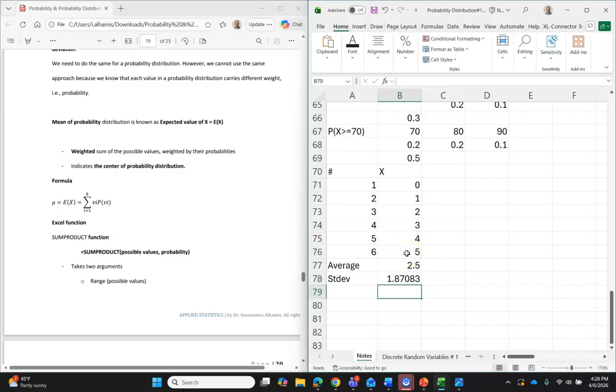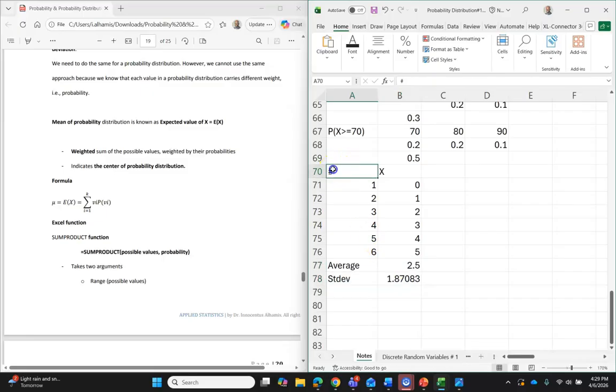So we have 1.8. We could find the average and standard deviation because these values are observed. Now, if these values are not observed, if they are estimated, we cannot find the average and standard deviation the way we just did for the observed values.